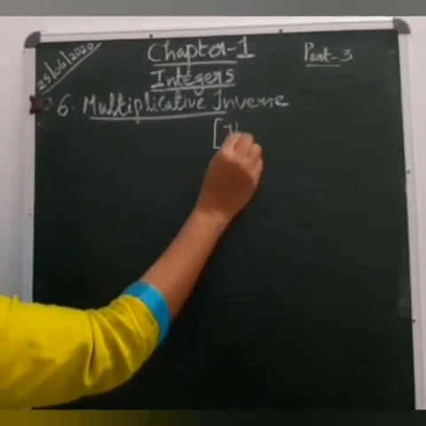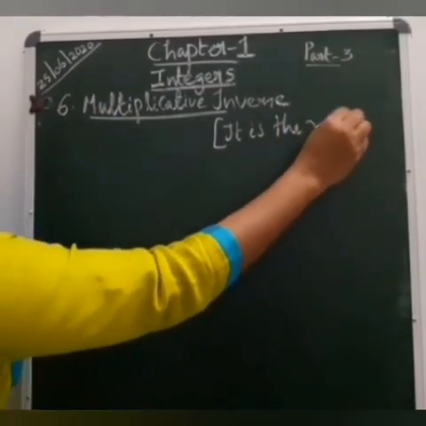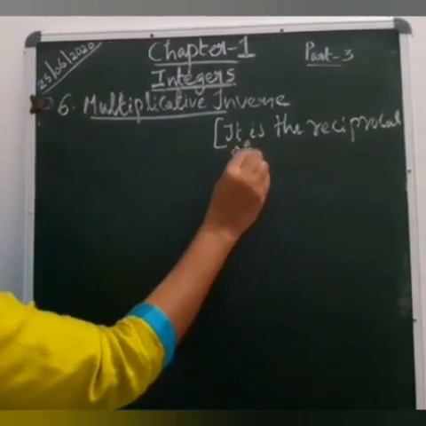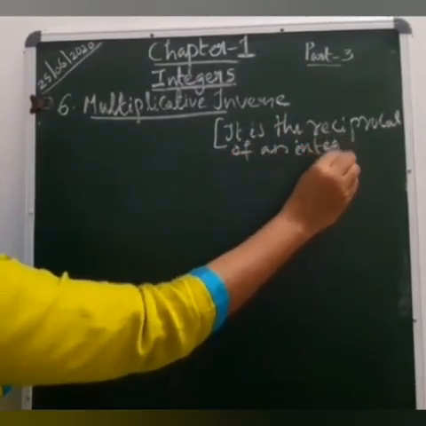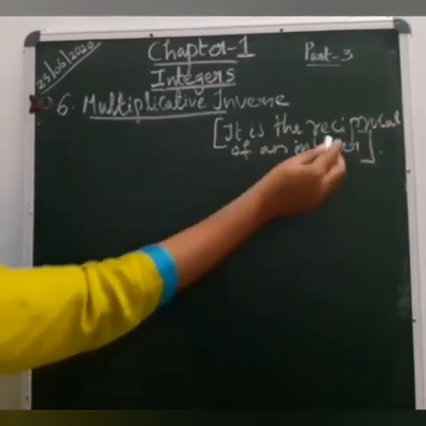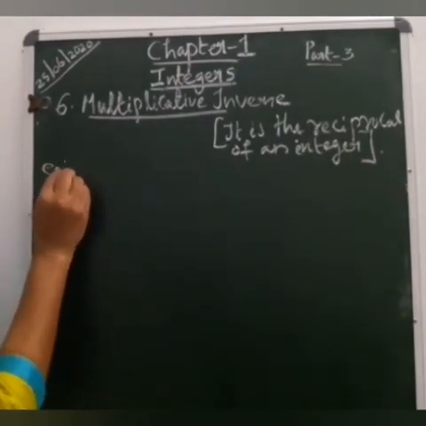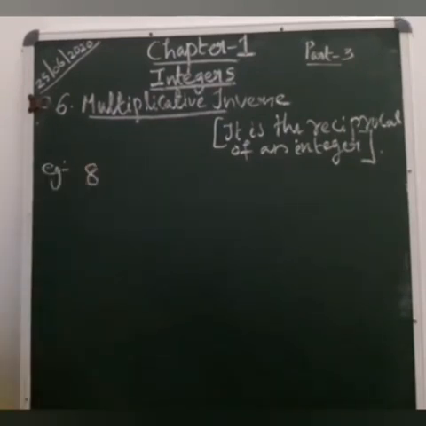It is the reciprocal of an integer. And another name for multiplicative inverse is reciprocal. We do one example. Take one integer 8.